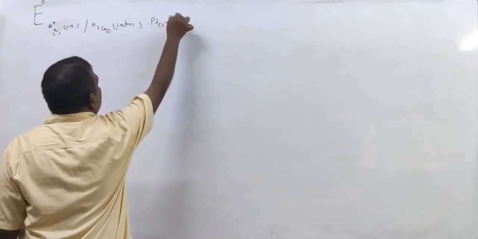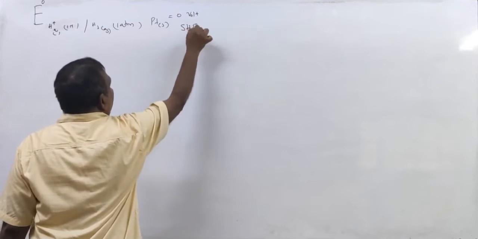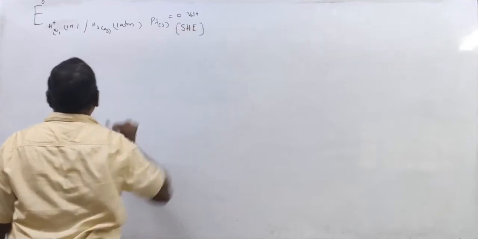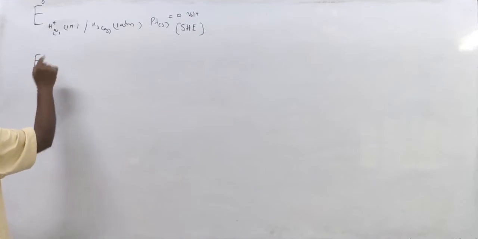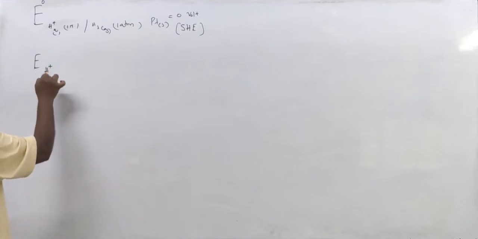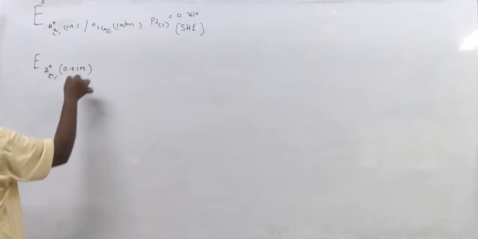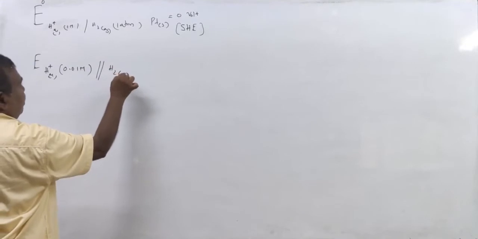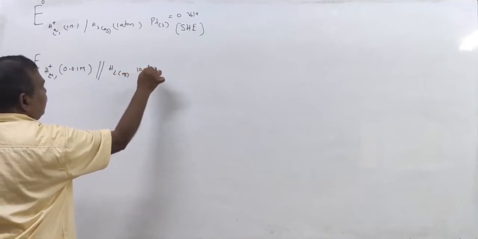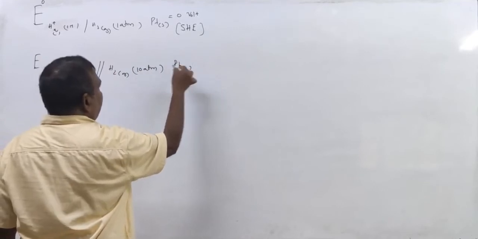This we know is 0 volts because it is the standard hydrogen electrode. Now I am taking E, H plus ion concentration is 0.01 molar, hydrogen gas pressure is 10 atmosphere, medium platinum solid.